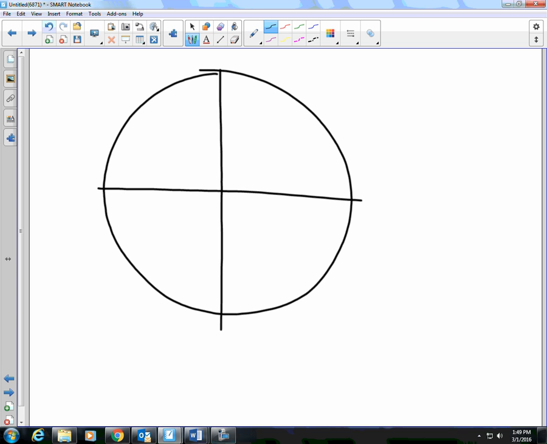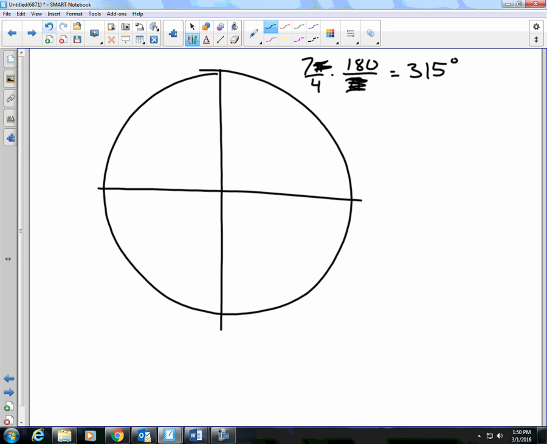I got 7 pi over 4. Uh-oh. Multiply by 180, divide by pi. Pi's cancel. 180 divided by 4, 45. So I've got 7 of the 45s. If you do that on a calculator, you get 315 degrees. Which quadrant does that put me in?